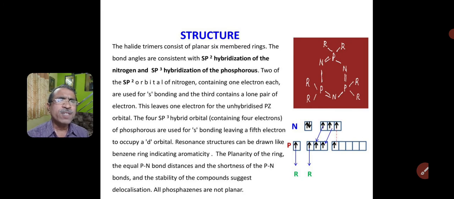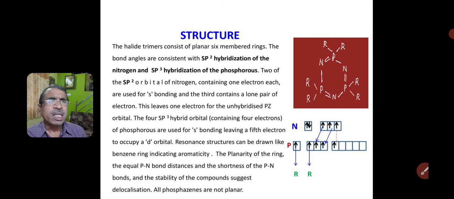The electronic configuration of phosphorus is 3s2, 3p3. But phosphorus has vacant d orbitals because it is in the third shell. Therefore, one of the electrons from 3s shifts into the 3dxz or 3dyz orbital.